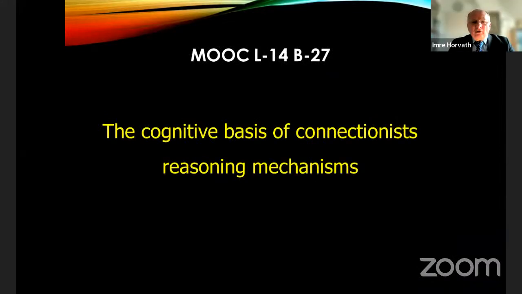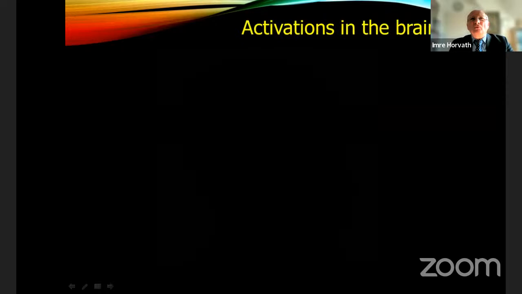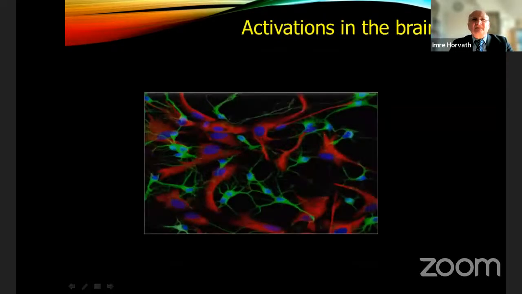The first block is focused on the cognitive basis of connectionist reasoning mechanisms. This is the source of everything, as the Latin said, ad fontem omnia. The human brain, what we try to capture and model in different forms.